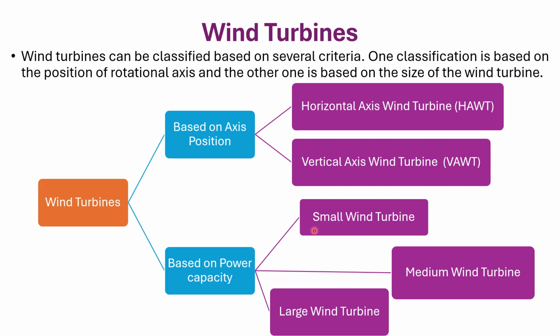Medium wind turbines usually provide power between 20 kilowatts and 300 kilowatts, whereas the small ones, as I told, are less than 20 kilowatts. They are usually used for remote loads that need more electrical power or for commercial buildings.